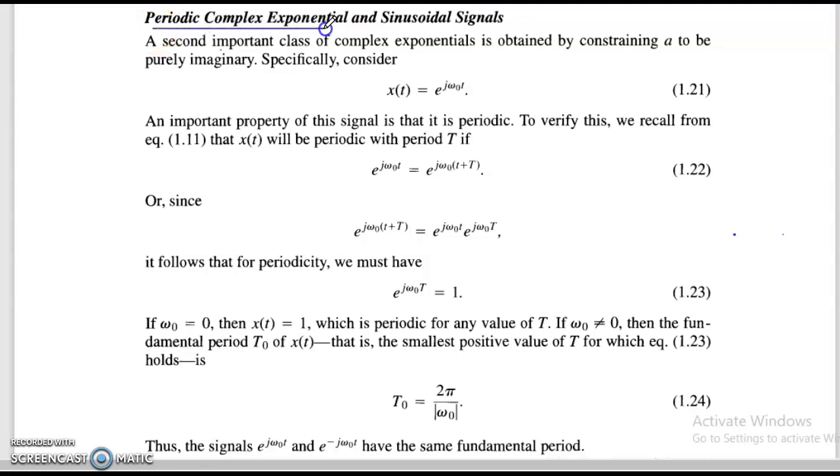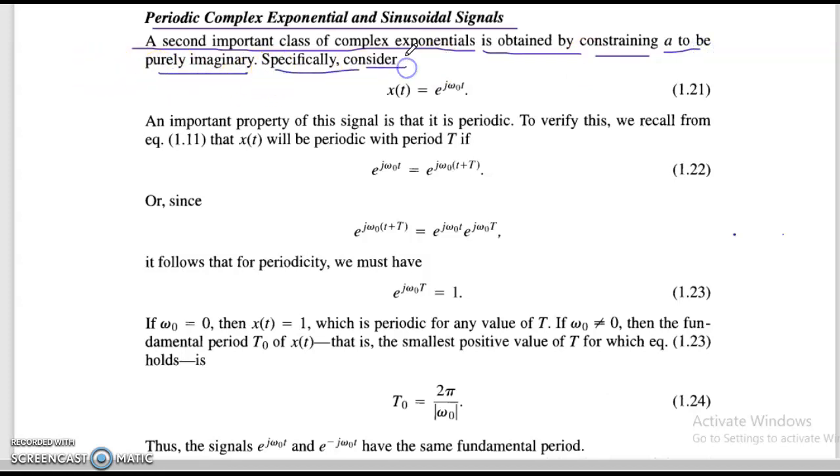Periodic complex exponential and sinusoidal signals. A second important class of complex exponentials is attained by constraining a to be purely imaginary.